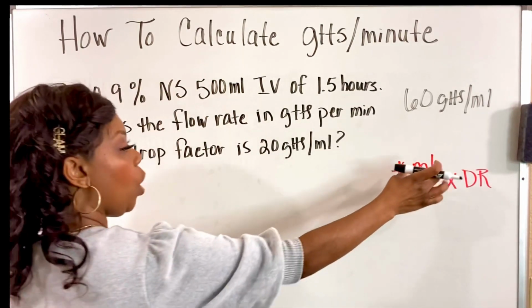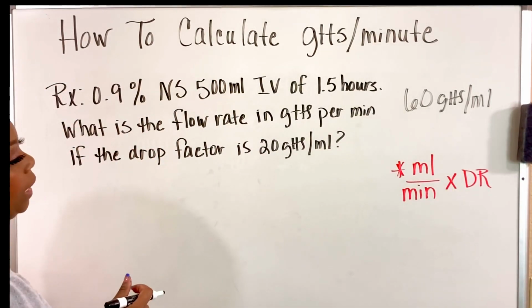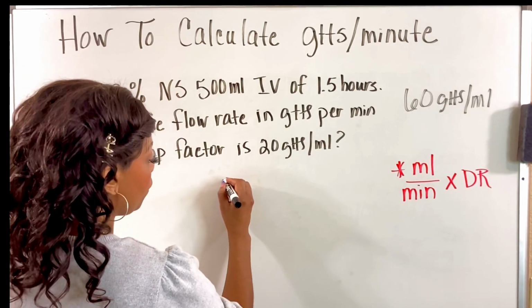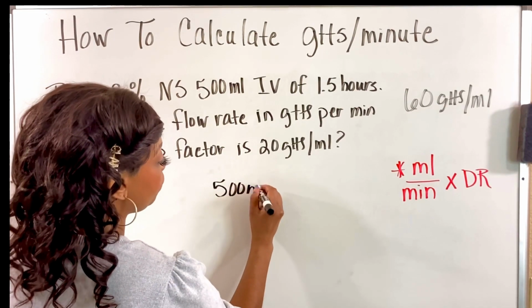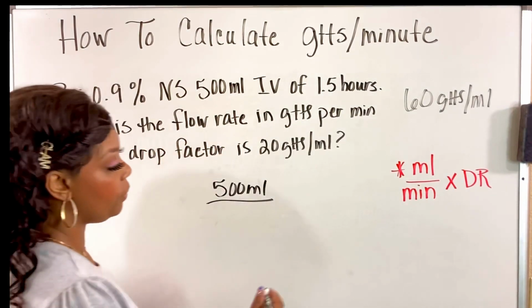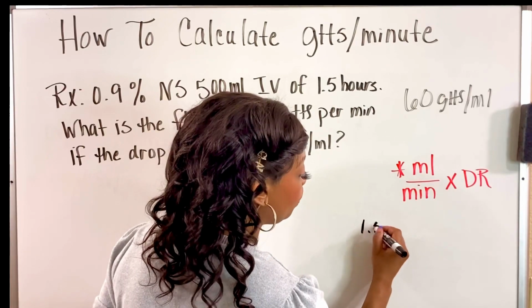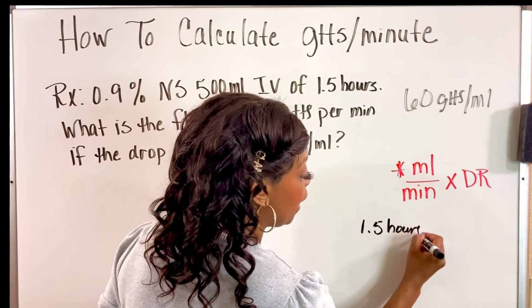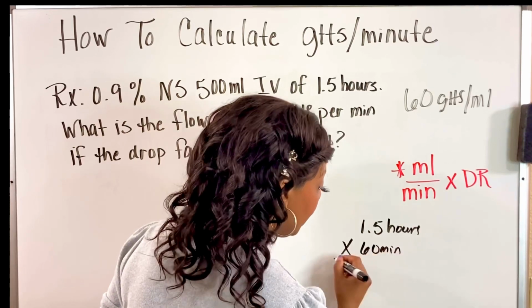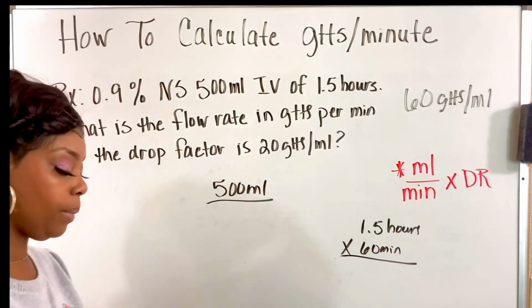So we need to go in and pull out exactly what we need. We need to find out how many milliliters we have, which is a total volume of 500 milliliters. So how many minutes do we have here? We have 1.5 hours, so we need to take that 1.5 hours and multiply it times 60 minutes to find out how many minutes we have.